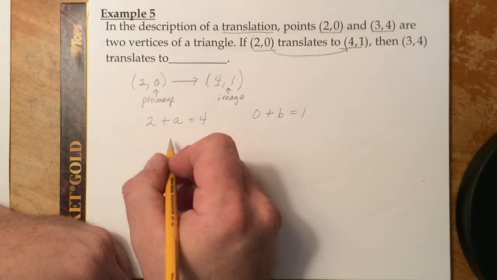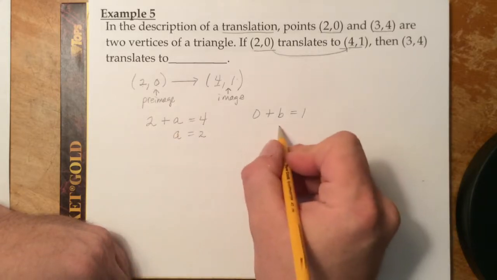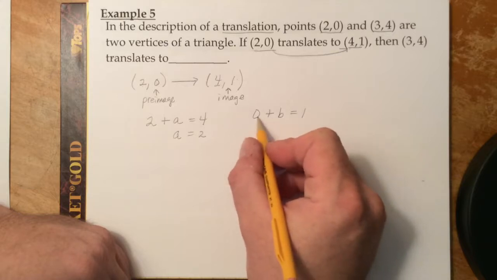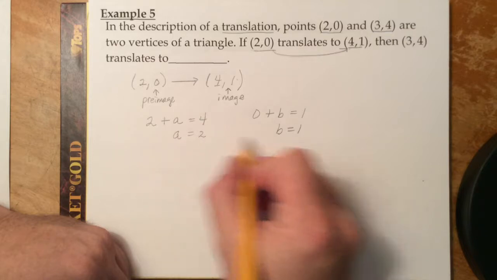Solve both one-step equations. On this one, you subtract 2 from both sides, and a equals 2. Over here, 0 plus b is simply b, so b is equal to 1. So a is 2 and b is 1.